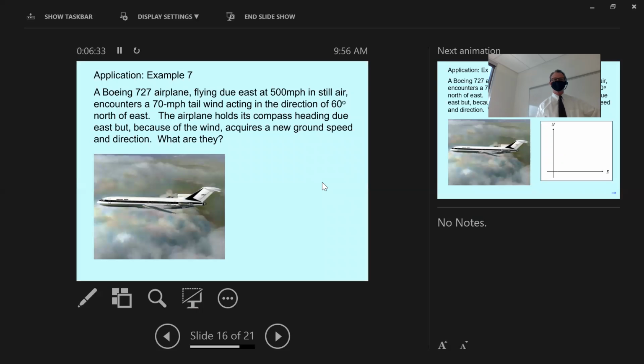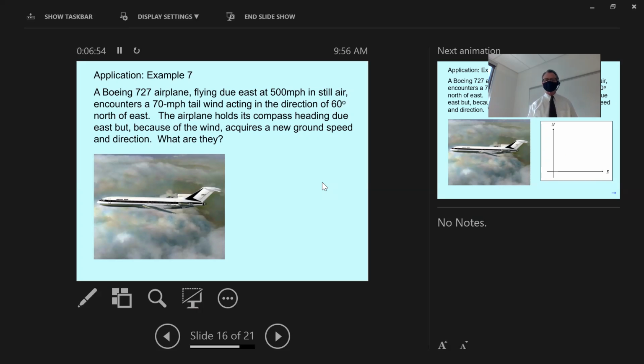So the plane is flying 500 miles an hour, and it gets a tailwind. So the tailwind is pushing the plane faster. Does that make sense? It's flying with the wind.